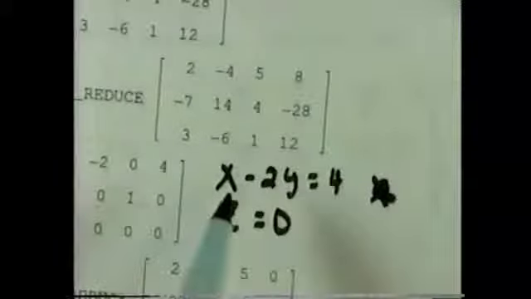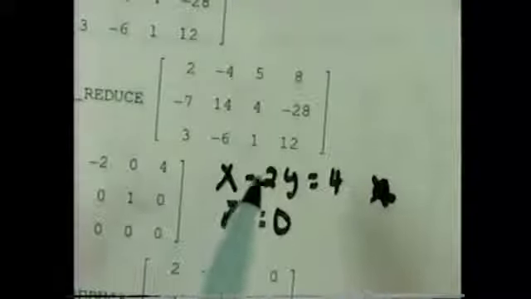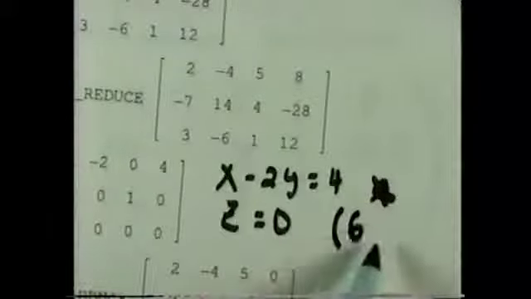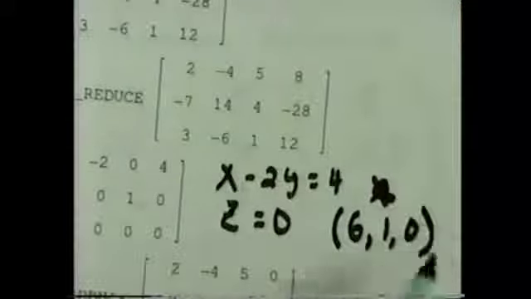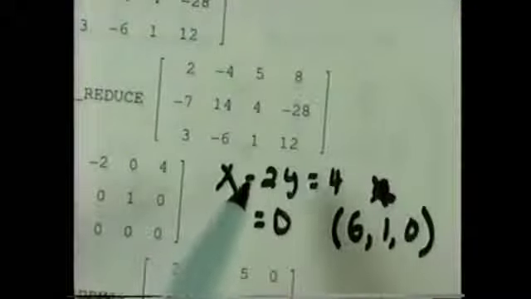Well, if I let y be 1, then I have x minus 2 is equal to 4. That means x would need to be 6. So if x is 6, y is 1, and z is 0, I have a particular solution. 6 minus 2 is equal to 4.